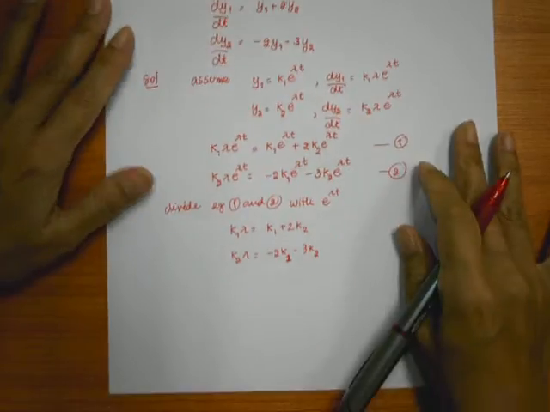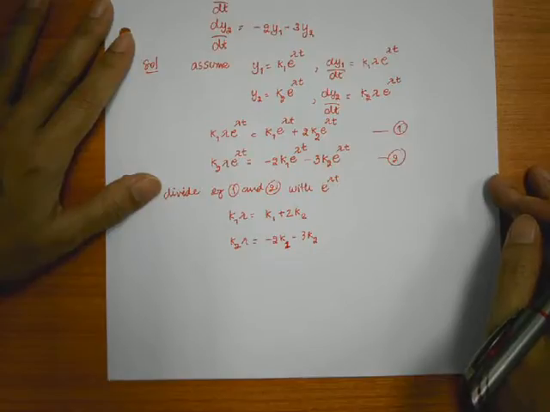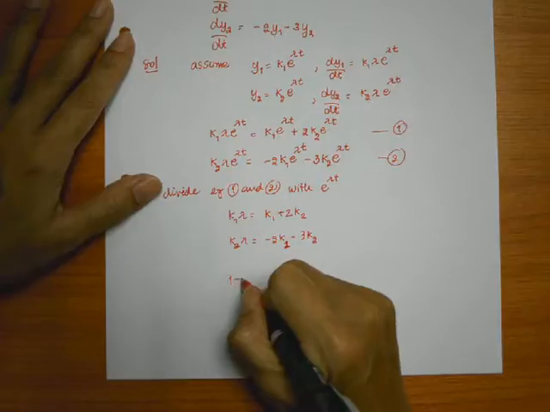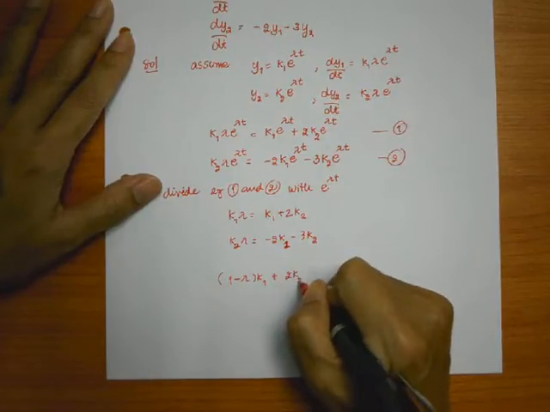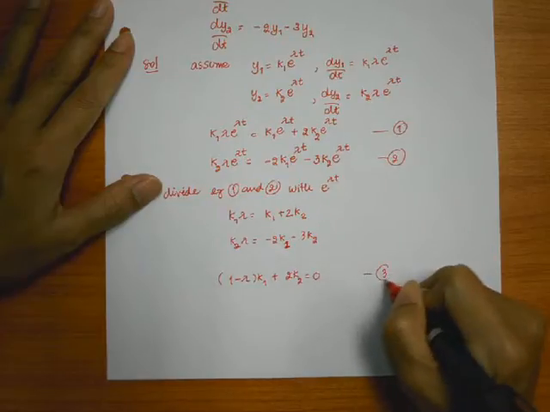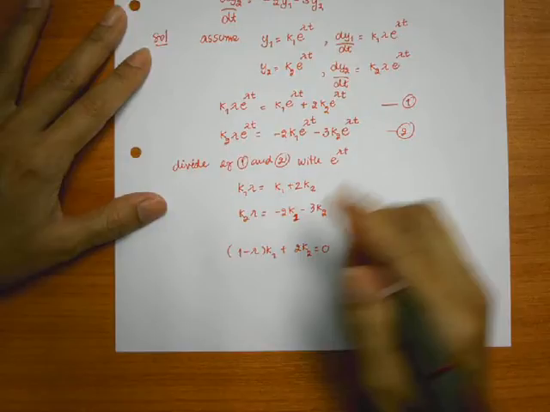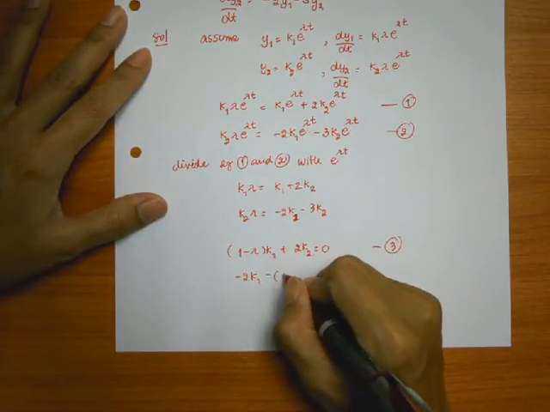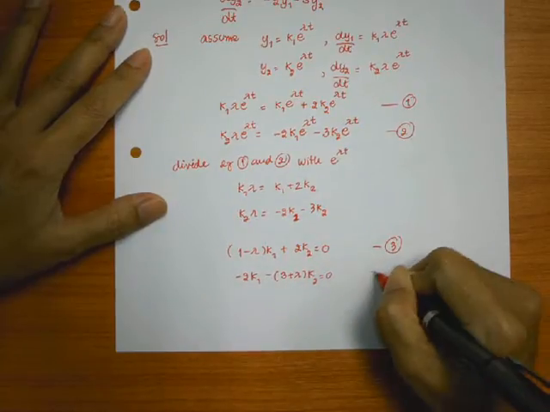We just arrange these two equations in such a way that we collect k1 and k2. So we get 1 minus lambda times k1 plus 2k2 equal to 0. Take it as equation 3. And the other equation is minus 2k1 minus 3 plus lambda times k2 equal to 0, which is equation 4.